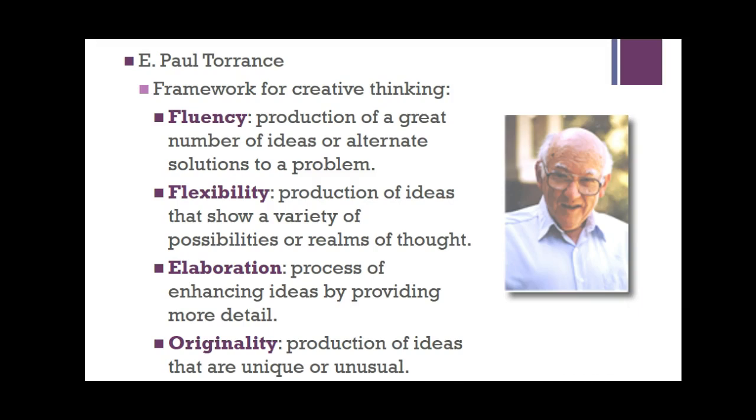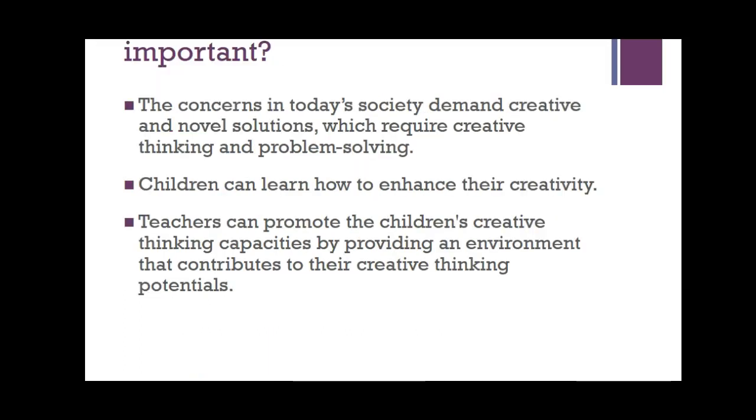So we want more fluency there, shutting off the critical or judgmental part of our brains, and going with just whatever comes to mind. Flexibility, so coming up with new thoughts or ideas. Elaboration, so getting into great detail in a creative way. And then originality, something that's very unique or unusual.